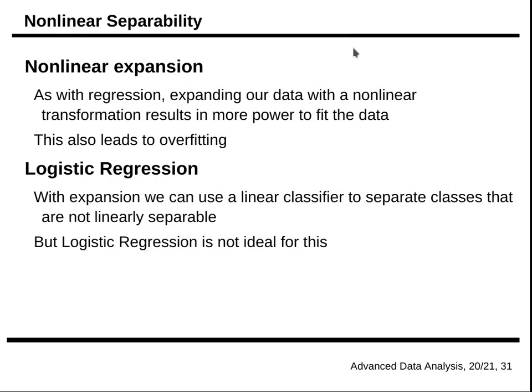So as we did with regression, we can expand our data for classification with nonlinear transformations, and this increases the power of our classifier. So logistic regression is a special case of a classifier that actually is a regression, because it's even in the name, because we are fitting our function to predict the probability of belonging to a class.